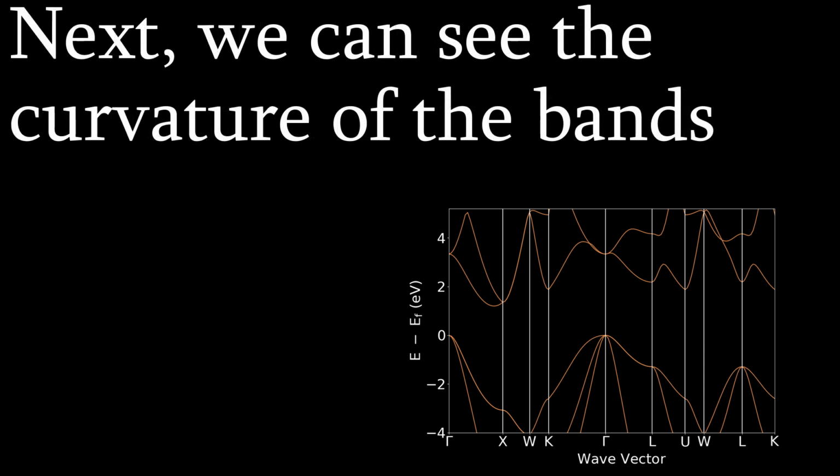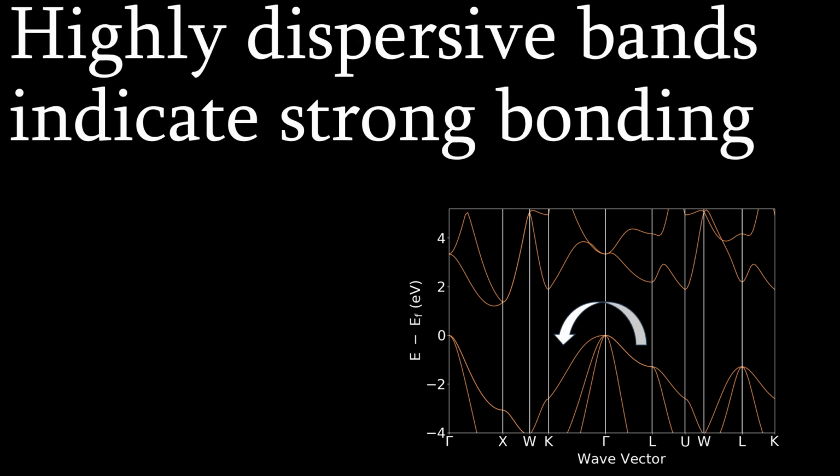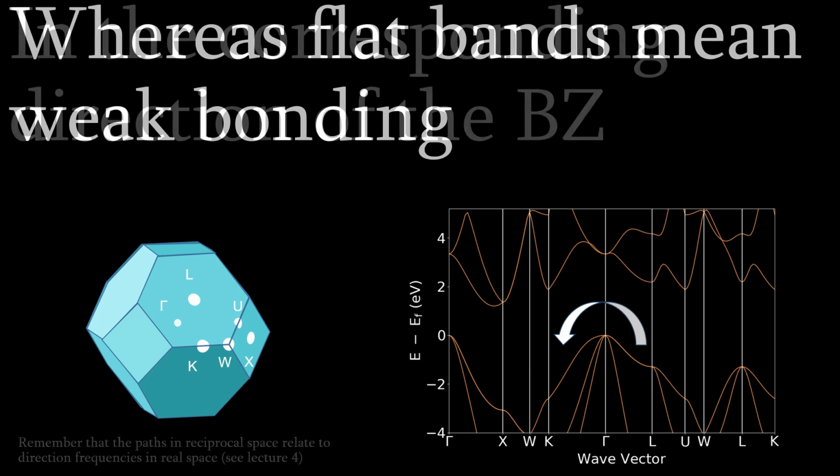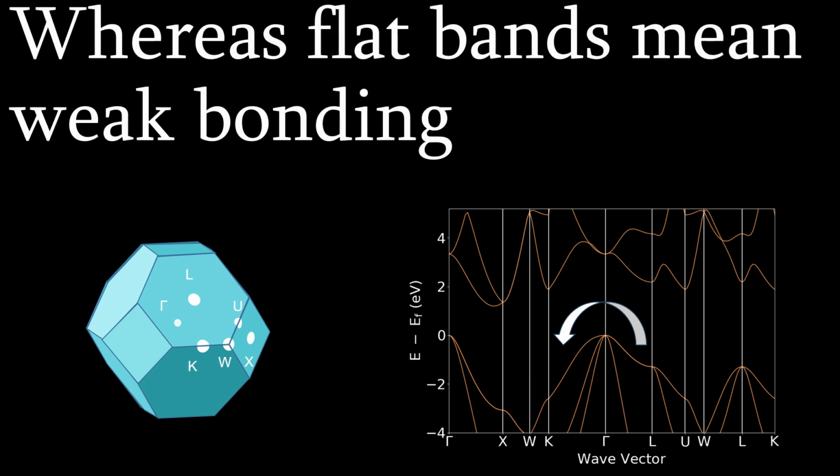Next we can see the curvature of the band. Highly dispersive bands indicate strong bonding in the corresponding direction of the Brillouin zone. Remember that the paths in reciprocal space relate to direction frequencies in real space, whereas flat bands mean weak bonding.